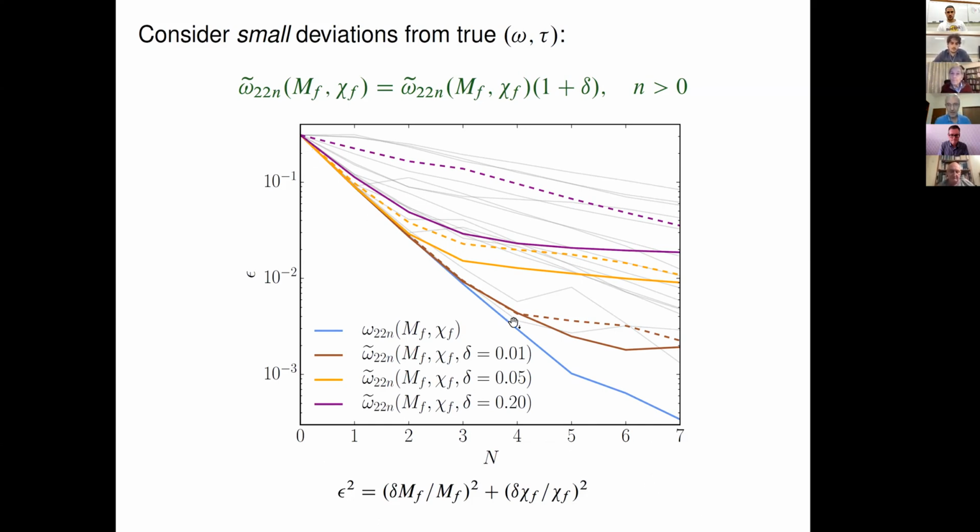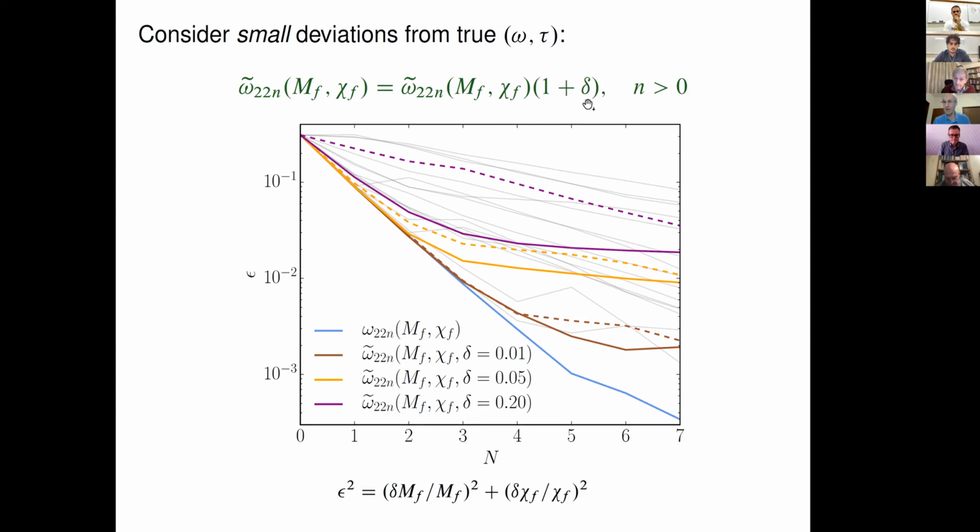So the thick lines here are just a repeat of the earlier fits that I did. And then this whole sea of different dashed lines and thin gray lines that you can see here, they come from different prescriptions for taking the analytic Kerr values of the overtone frequencies and perturbing them with positive and negative values of this parameter delta.